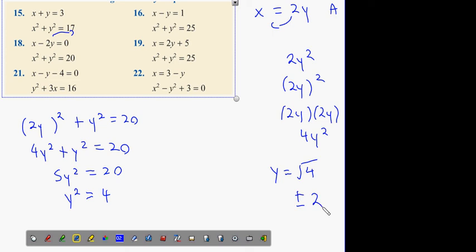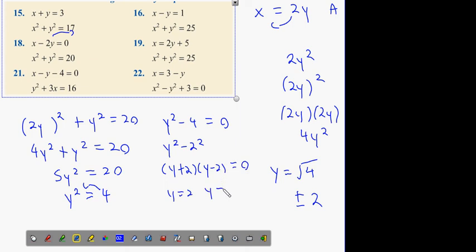Now, if we do what we're taught, and what we're taught is the 4 types, we bring the 4 over to the other side. That's the difference of 2 squares, type 3. So y squared minus 2 squared is y plus 2, y minus 2 equals 0. Then you have your two answers: y equals 2 and y equals minus 2.